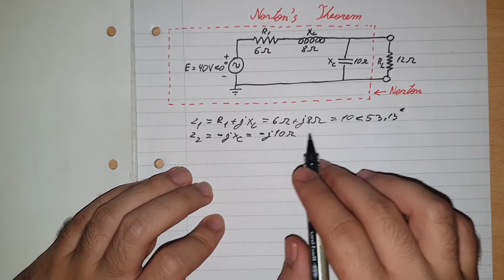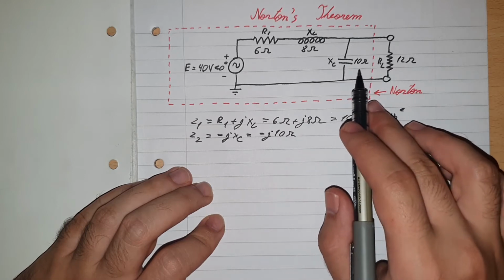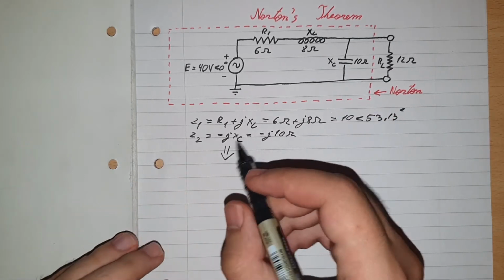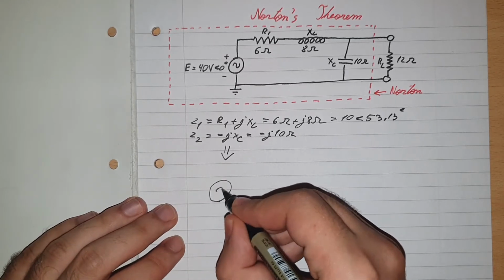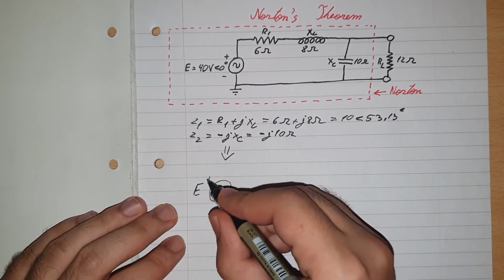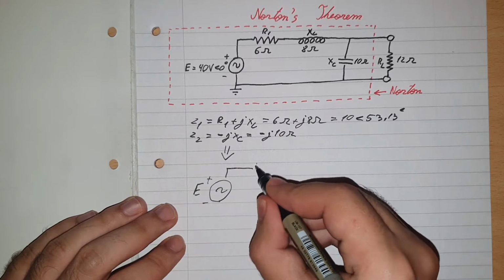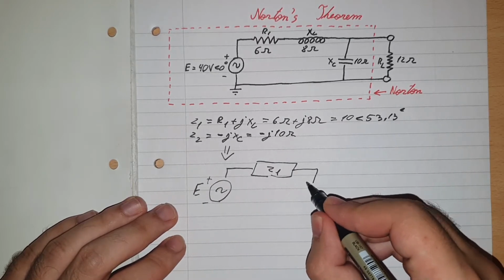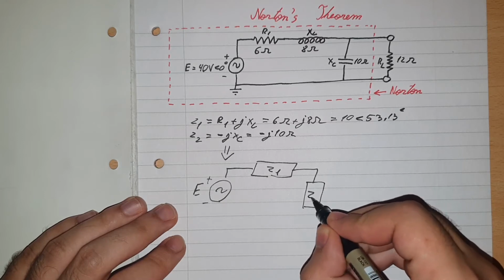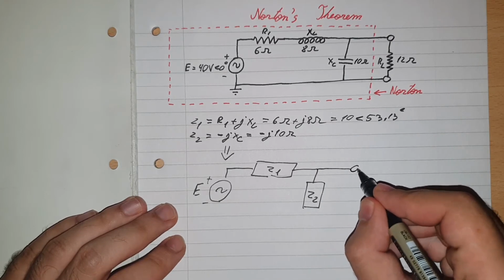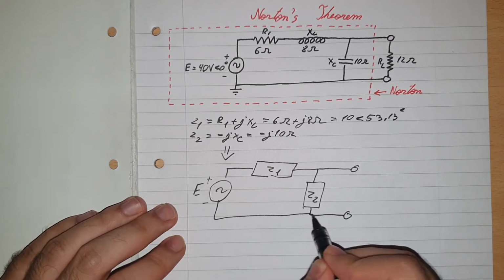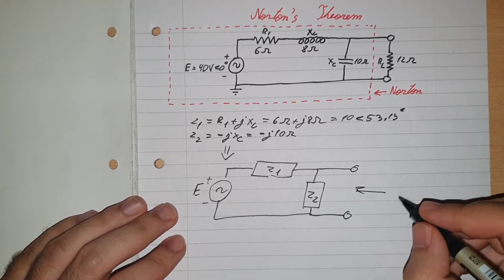Alright, then we have Z1 and we have Z2. We can redo the diagram and simplify it. So here is the source, E plus minus, here will be Z1, and here will be Z2. These 2 sides will be open because this is for the Norton.